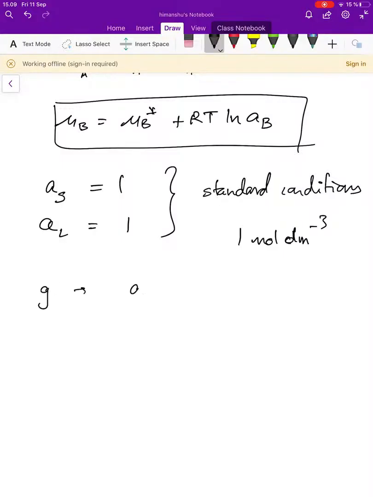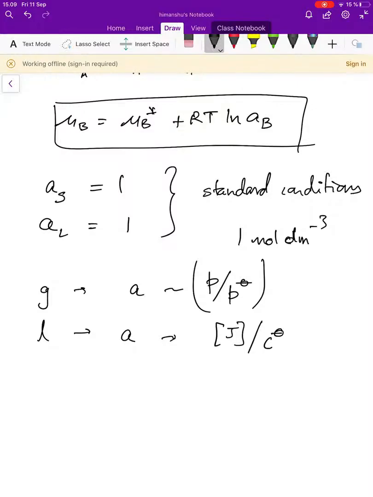For a gas, the activity is typically provided in terms of a partial pressure divided by some standard pressure. So the activity is dimensionless. For a liquid, the activity is provided in terms of the concentration of the substance, we call it J, divided by some standard concentration. This could also be the molality of J divided by the standard molality.